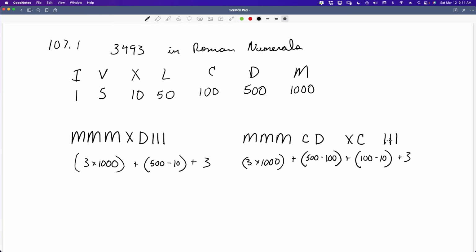The place value system just makes more sense, and it's much more flexible than this Roman numeral system because there's so much variation between the two. They're the same value, but one is written with fewer numbers or letters, and one is written with more.